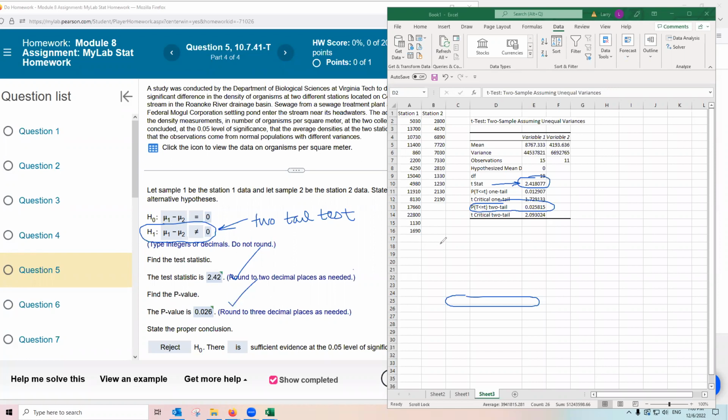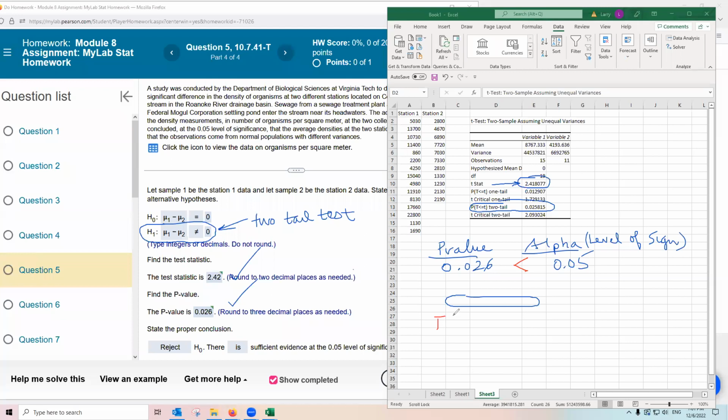All right, well, let's do our comparison. In this example, the p-value is 0.026. Alpha, they told us in this problem, remember alpha is the same as level of significance. They told us to use 0.05. But in this example, the p-value is actually less than alpha.